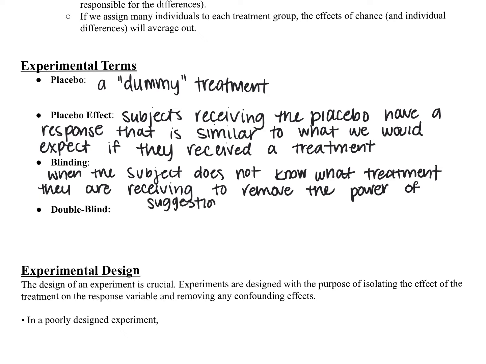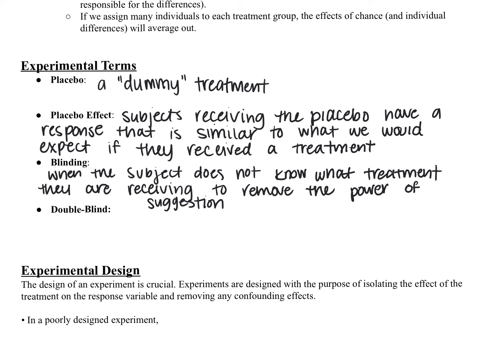So like if someone knew they were receiving the drug, their brain might think, oh, it's getting better. So blinding is especially important that people don't know whether or not they're receiving the treatment.